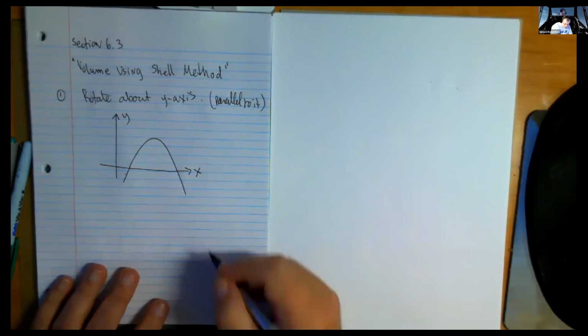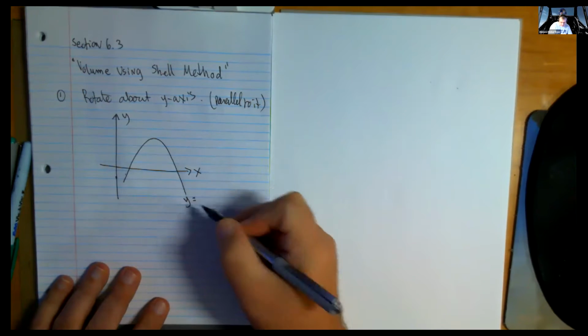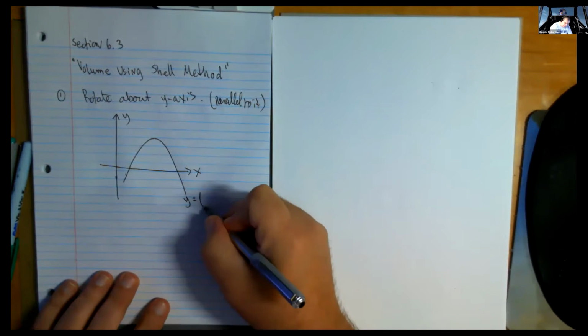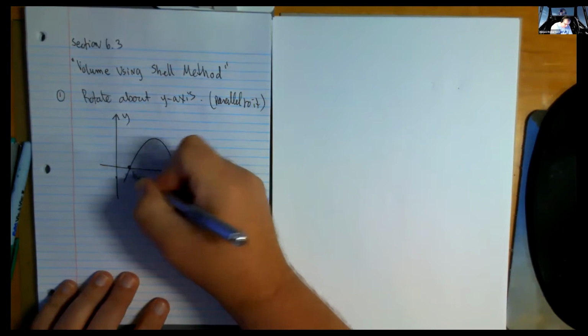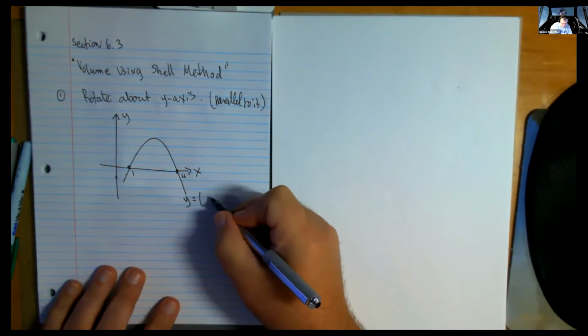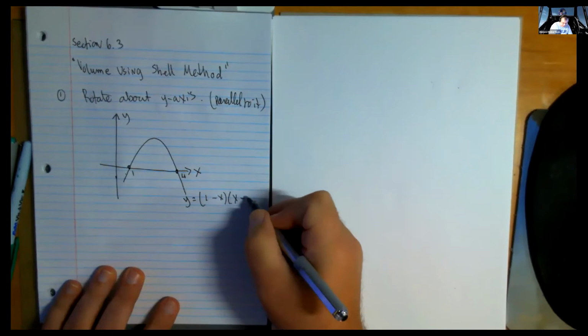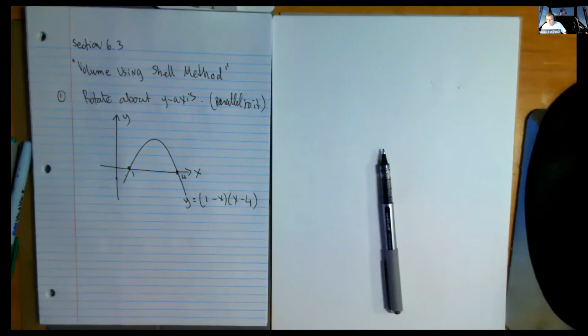Okay, here I have a curve, and it's going to be called y equals, I'll make that 1 and I'll make that 4. So if I go 1 minus x and x minus 4, that'll work.